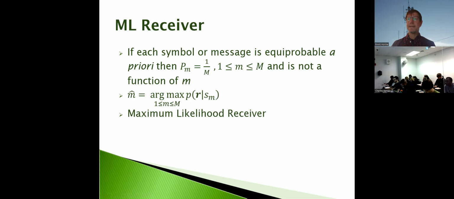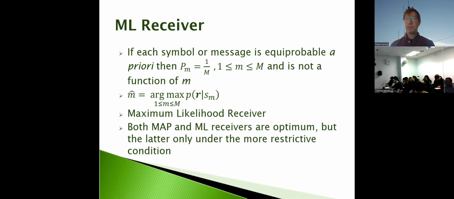So it is a subset or specialization of the MAP. A lot easier sometimes to do this, but you must be aware that it is only optimal when this condition applies. That the selection of which message is sent follows a uniform distribution, meaning that your bits, or at least each grouping of k bits, follows a uniform distribution.